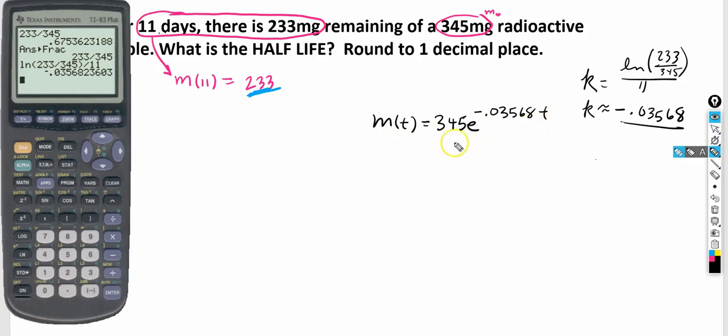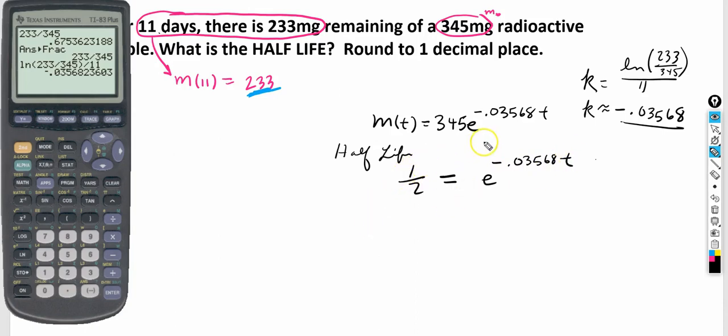So if I want to find the half-life, I put 1/2 over on this side, and I have equals, and then I copy this side, but I get rid of the starting amount. There's a couple of steps that gets to this point, but if you can remember for half-life, once you have the complete equation in t, which we do, you put half over here equals, and then you copy this side of the equation, but you leave out the 345 on the front.